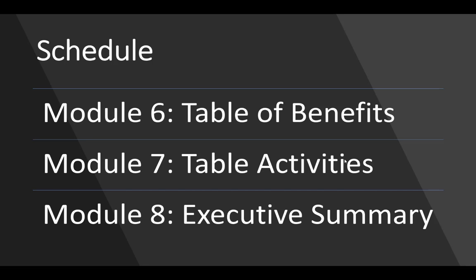You'll learn how to identify benefits in Module 6. In Module 7, while the rest of the class is working on their analysis of alternatives, I would like you to work on creating a table of activities. I'll show you what those tables will look like shortly. And then finally in Module 8, I'll have you complete the qualitative business case by writing an executive summary.